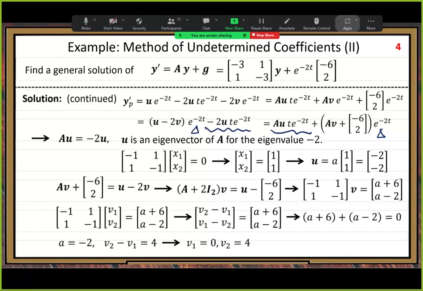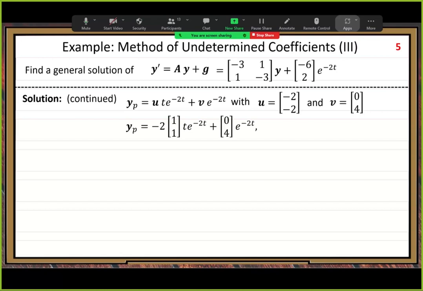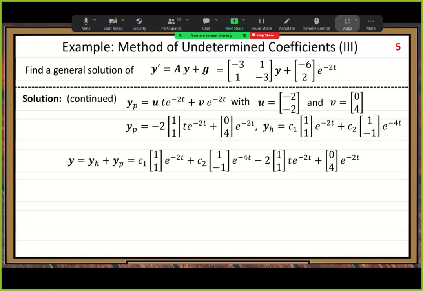So u vector, v vector, you can write, so here I just write the final solution. Y_P, we can write Y_P out. We combine Y_P, Y_H, this is the final solution.